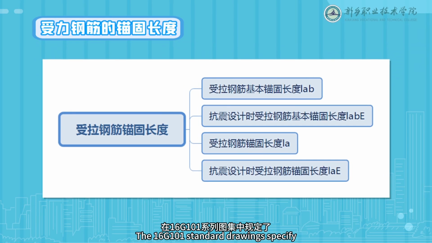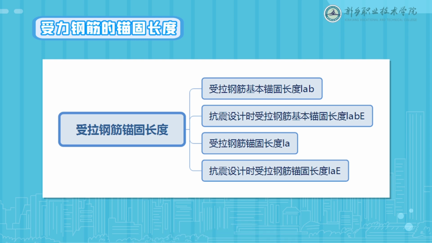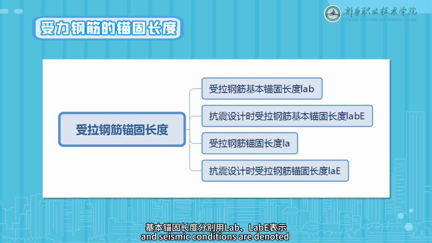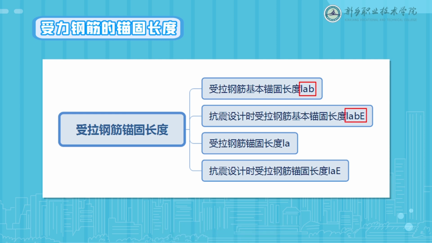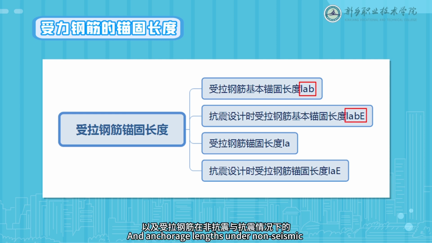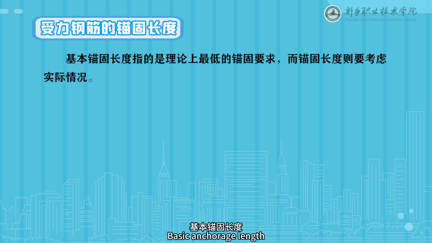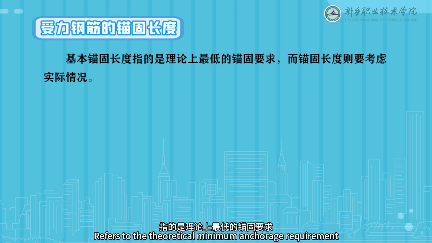The 16G101 standard drawings specify basic anchorage lengths under non-seismic and seismic conditions, denoted as lab and labE respectively, and anchorage lengths under non-seismic and seismic conditions as La and LaE respectively. Basic anchorage length refers to the theoretical minimum anchorage requirement, while anchorage length considers practical conditions.